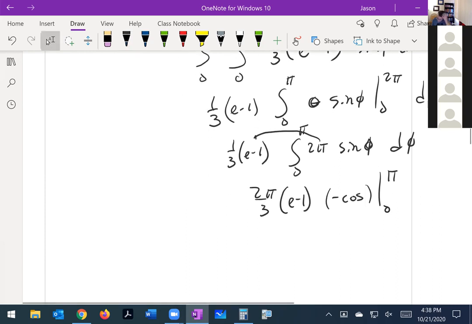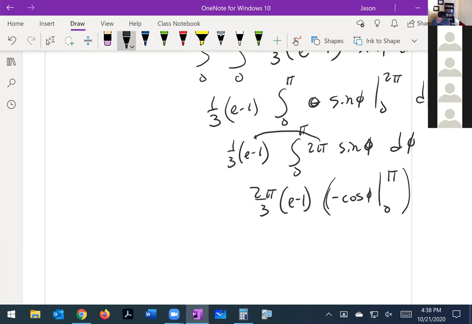Okay, let me actually do it like this. So the cosine of, oh, this is phi, sorry. Okay, the cosine of phi, and then we're going to evaluate that from 0 to pi.